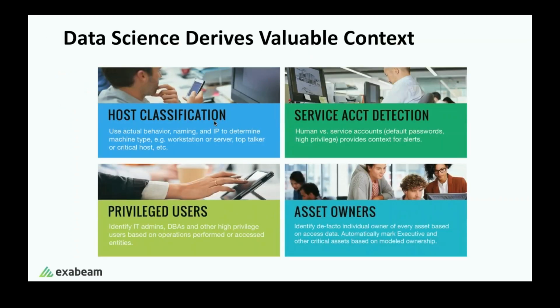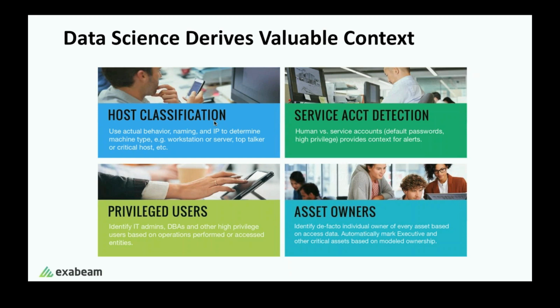We talk a lot about data science. We'll show some of these things in the product in a minute. Some of the ways we use data science are applied very specifically to the security domain. There's 4 called out here. One of those is we use data science to classify devices on the network. So we can automatically determine whether a particular machine is a workstation or a server.